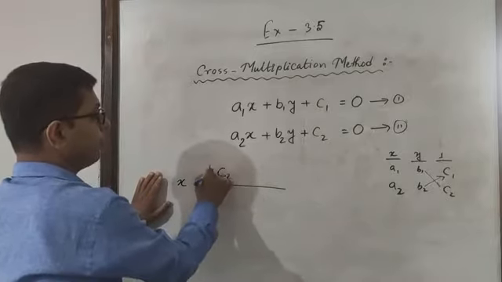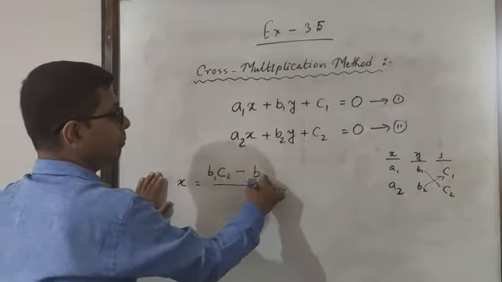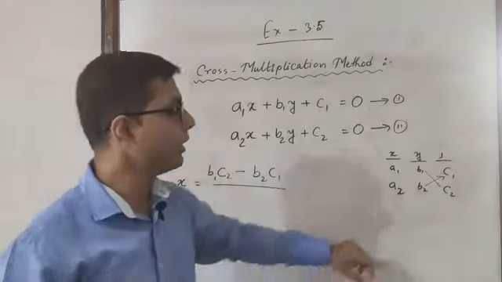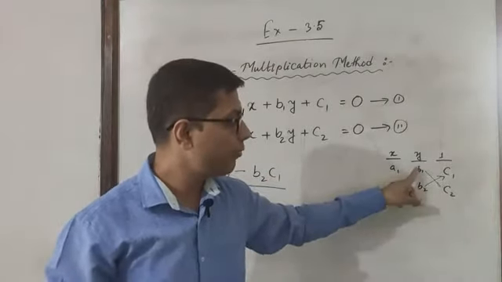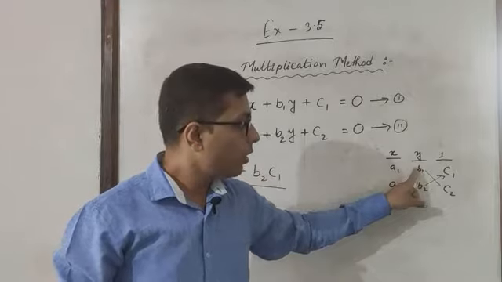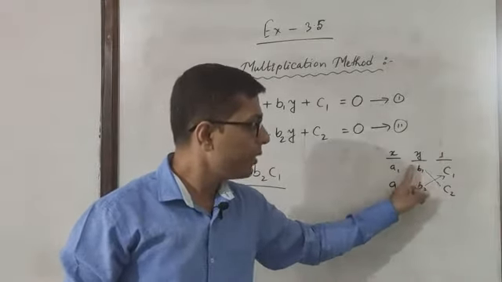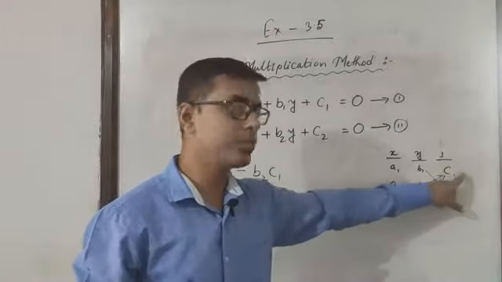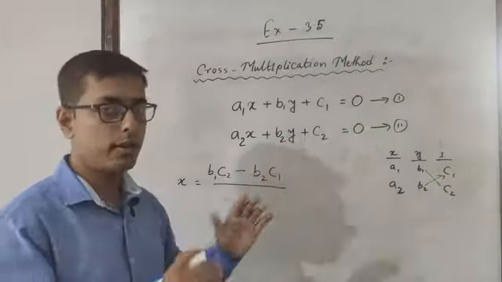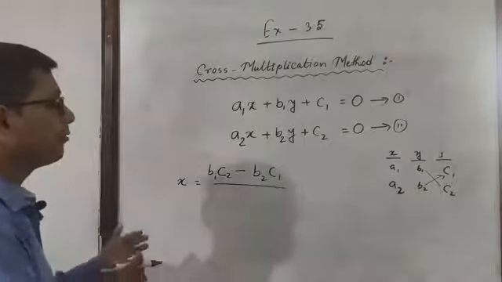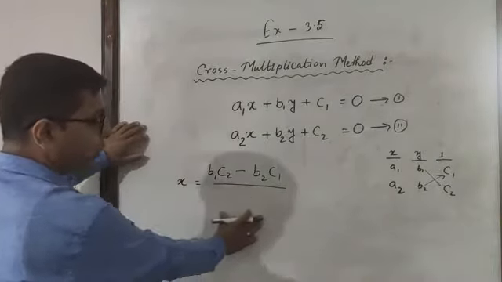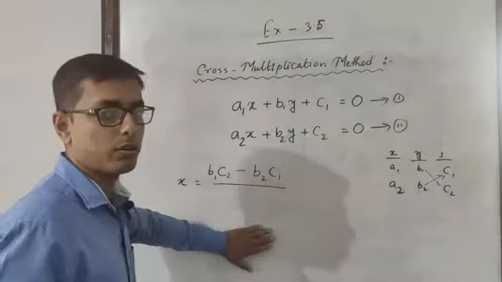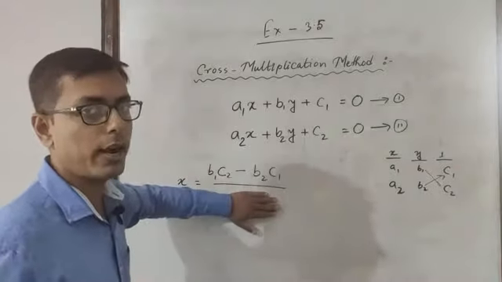Crosswise, from top to bottom: b1 into c2, then put a minus sign, then b2 into c1. After that, the denominator part we will write later on.